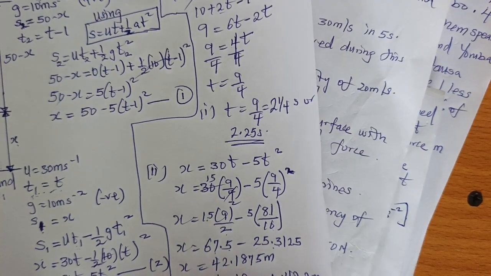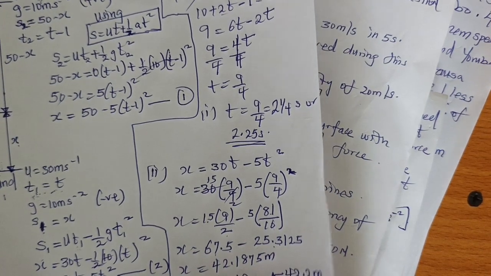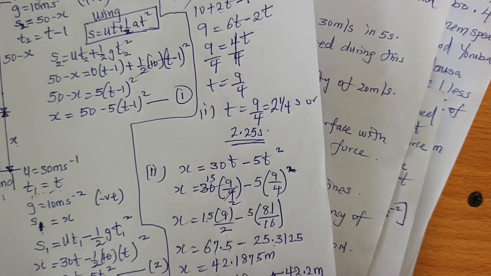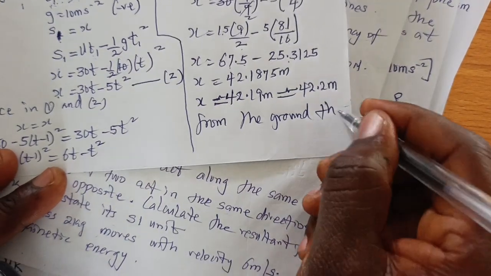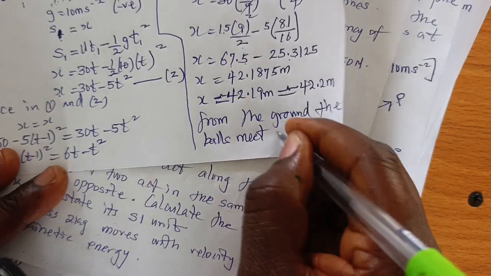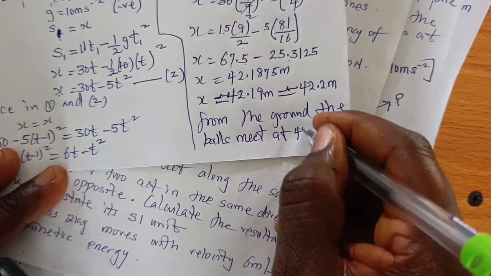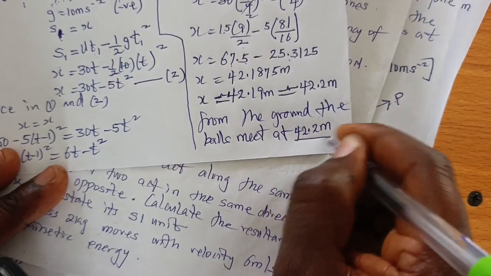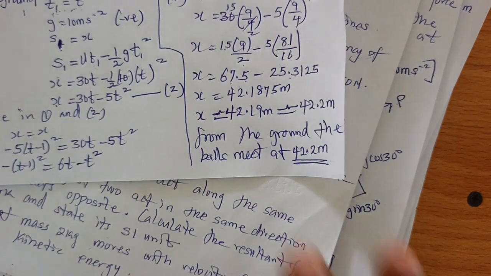So from the ground, the balls meet at 42.2 meters. That is to 1 decimal place.